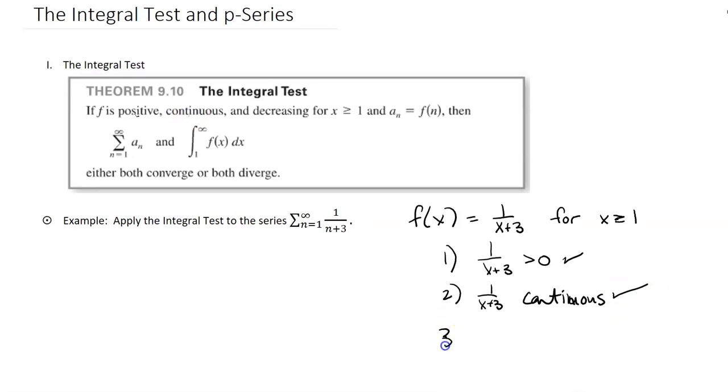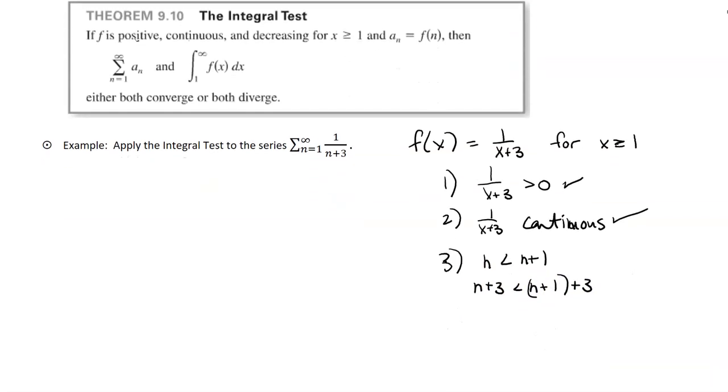And we need to know that it's decreasing. If x increases, then f of x is decreasing. Now you can do this with n's if you want to. So we know that n is less than n plus 1. That's obvious. And if you add 3 to both sides, it's not going to change that relationship.